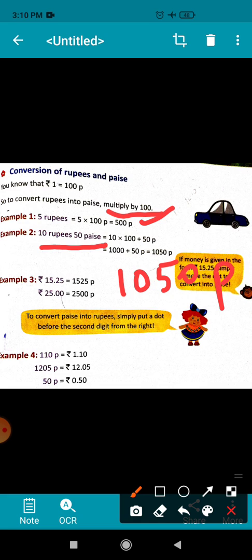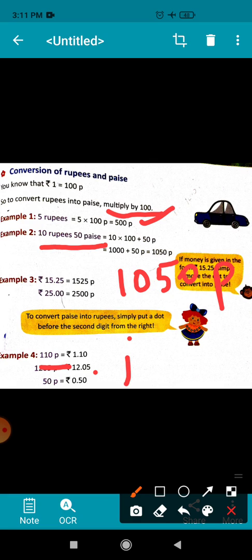Okay. Now here to convert paisa into rupees, here this is 110 paisa, and you want to convert this into rupees. What you have to do? You have to simply put a dot after 2 digits.